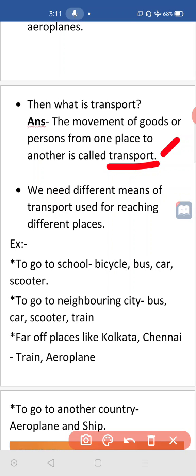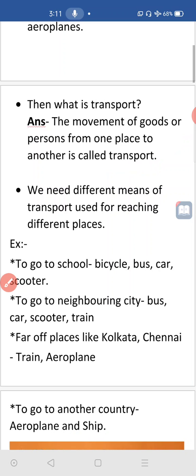So here we use vehicles to move from one place to another place. We need different means of transport to reach different places. Which are those? They are given here. To go to school, from your home to school, how are you coming?